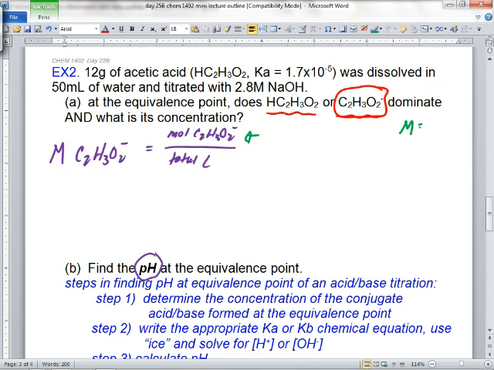Big M was moles over liters, and then we solved for this one because they gave us that and they gave us that. But they didn't give us liters, they didn't give us molarity of the acetic acid. Pablo noticed it. They gave you grams. And how do you convert grams into moles? The technical word, though, it helps you. Molar mass. You got to calculate molar mass.